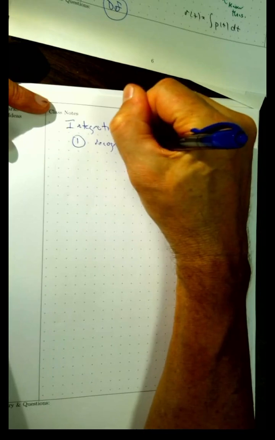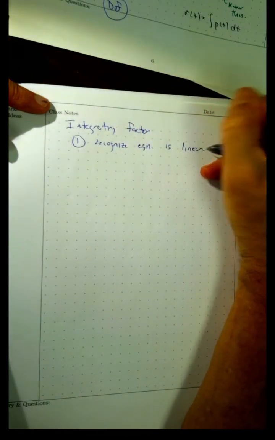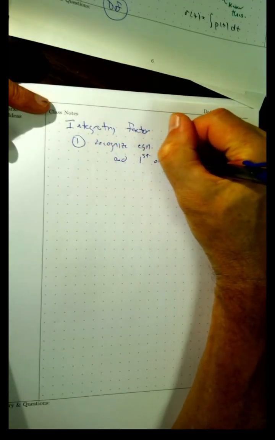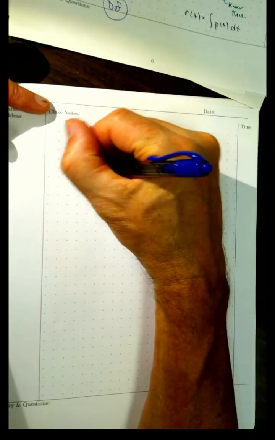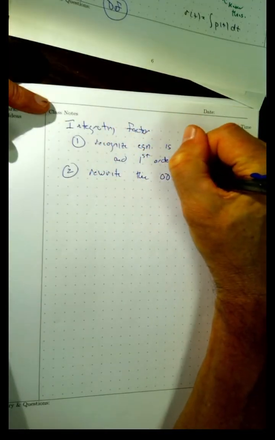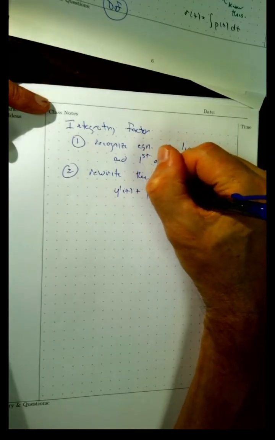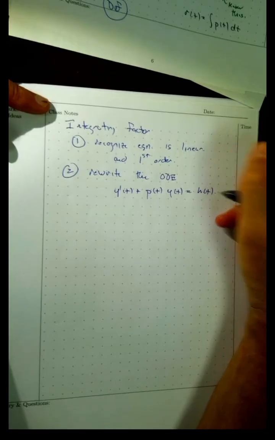First step is I need to recognize that the equation is linear and it's first order. If that is the case, that means I can do some algebra and I can rewrite the ODE so it looks like y prime of t plus something times y of t equals h of t.